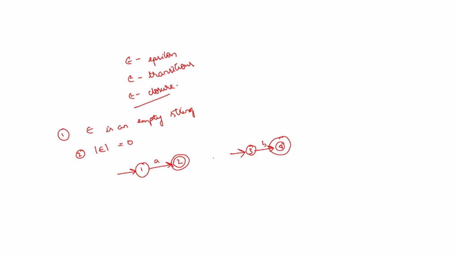So to combine these two automatas, we use an epsilon. So this is where we use epsilons. And coming to the epsilon transitions, wherever we use the transition using an epsilon, it is called an epsilon transition. As simple as that.